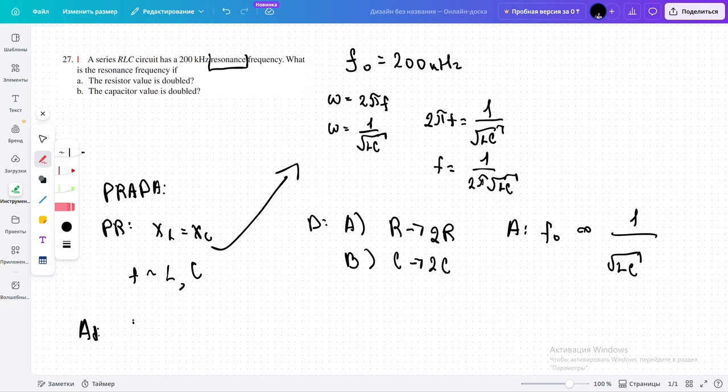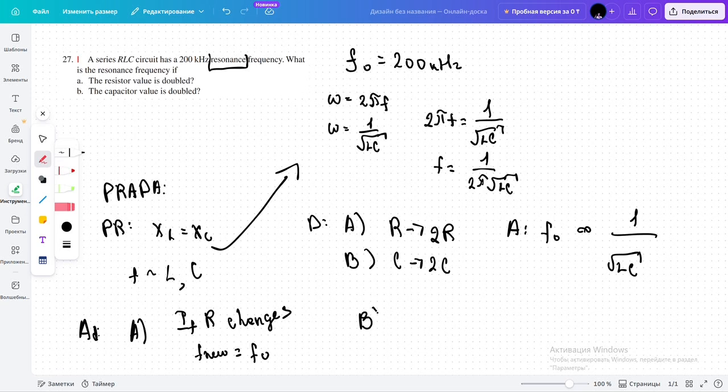For case A, we just check if the resistor is in the frequency formula, and if the resistor changes, whether the frequency changes.